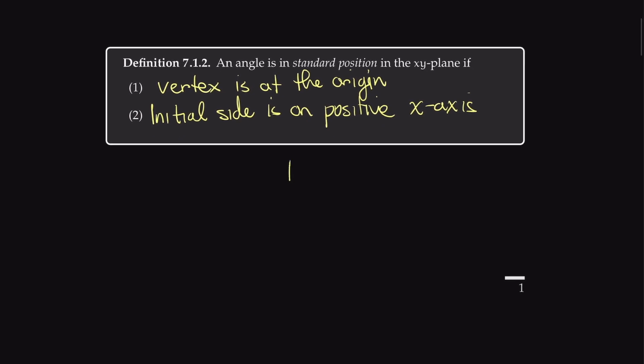So for example, here, if I draw an XY plane, and let's say I have my initial side of that angle here on the positive x-axis, so that I can write this as a standard angle. And then I'll have the terminal side of that angle sticking off in some other direction. And then the angle itself is going to go from the initial side to the terminal side. So let's call this theta.